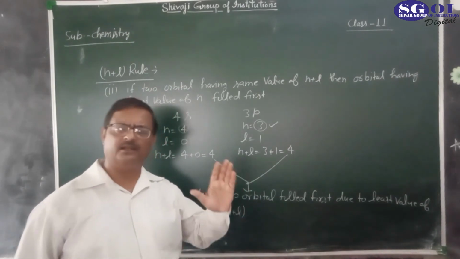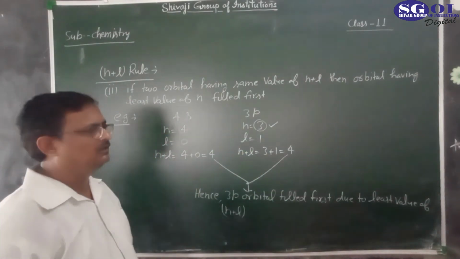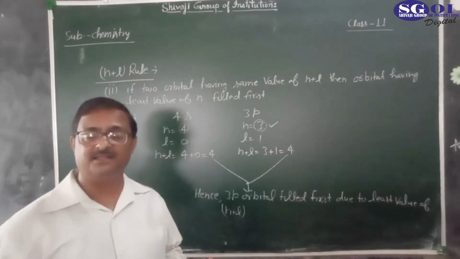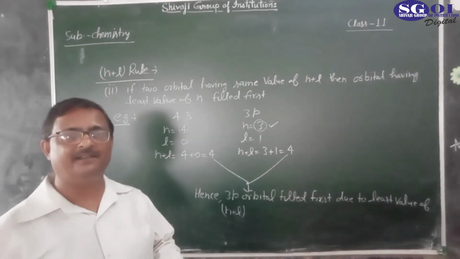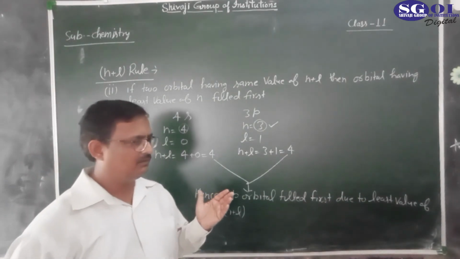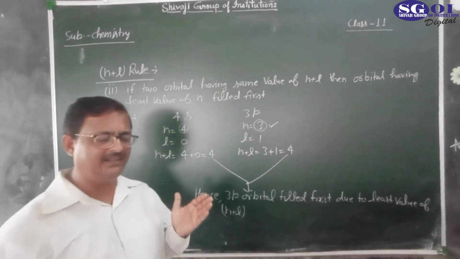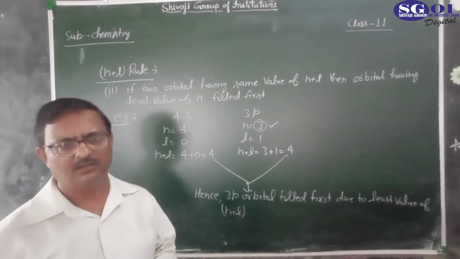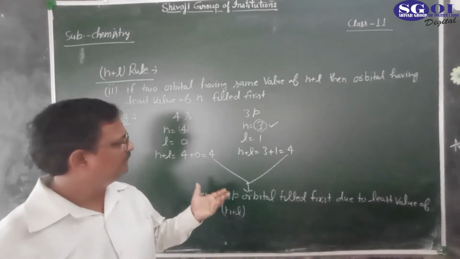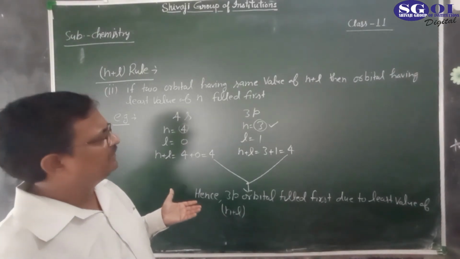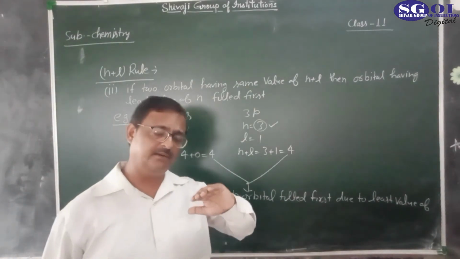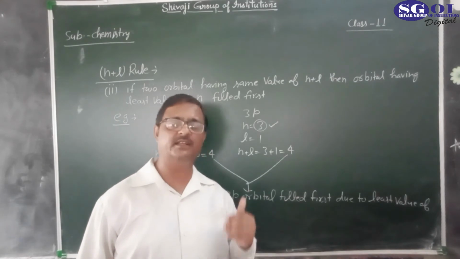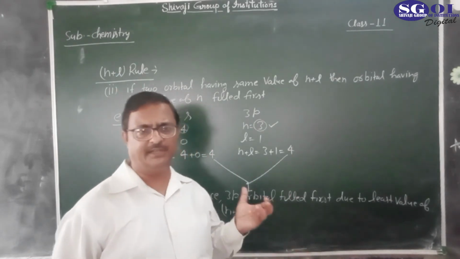So in the Aufbau principle, the statement is that orbitals having least energy are filled first, which means the filling of electrons takes place in increasing order of energy.